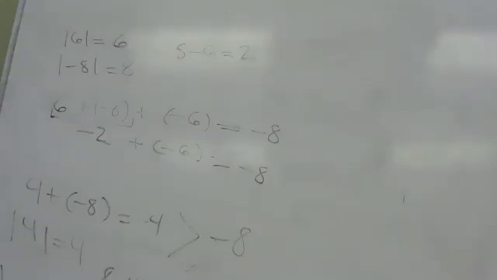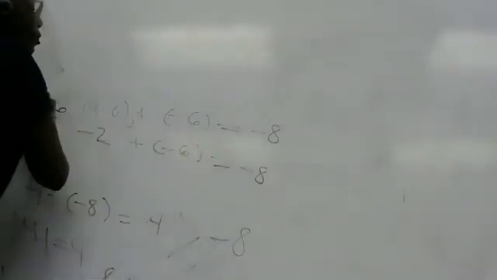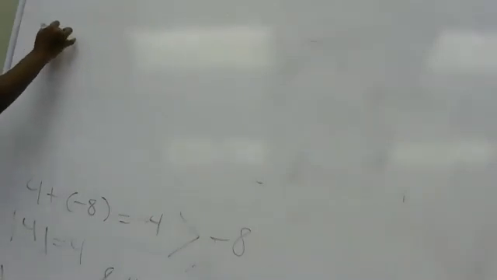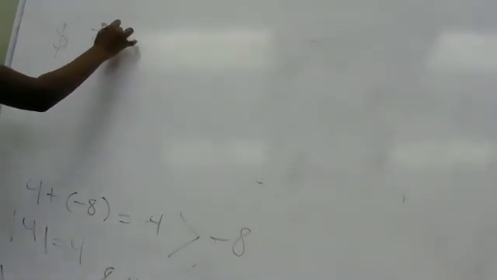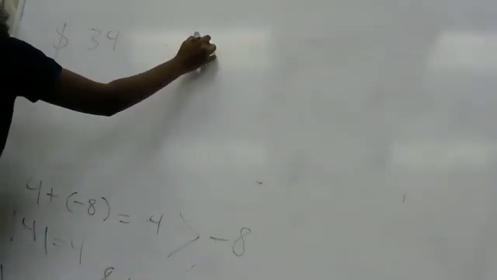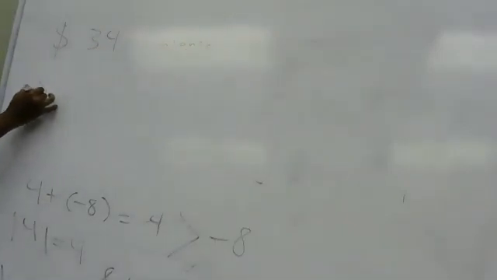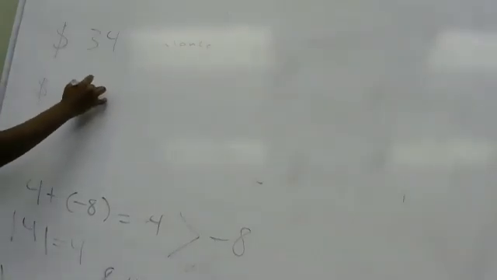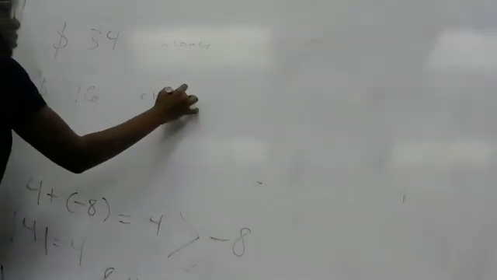All right, now a word problem. We're starting with $34 in your checking account. This is your balance. We're going to write a check for $76.